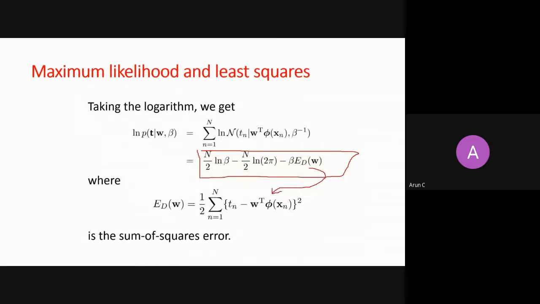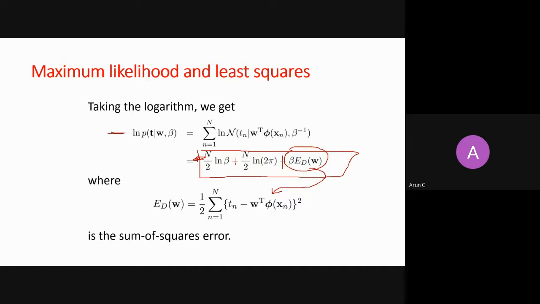If you take the negative of it, you want to minimize it because you want to maximize the probability. The negative of the log turns negative into positive, and this is positive, so you want to minimize the sum of square errors. This we have also discussed.